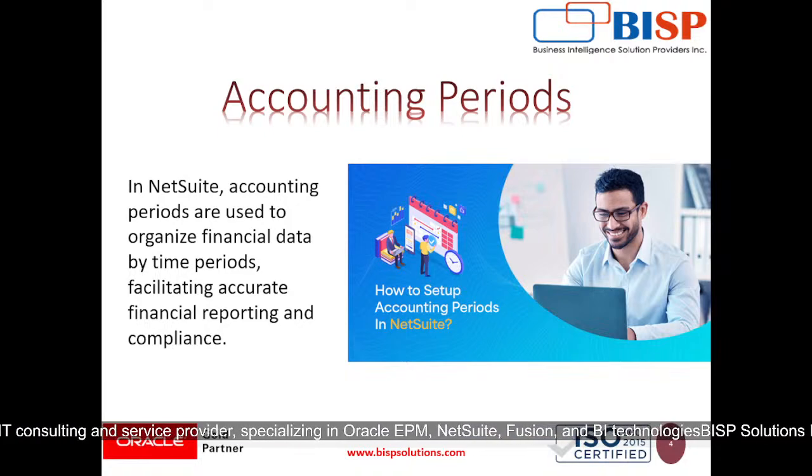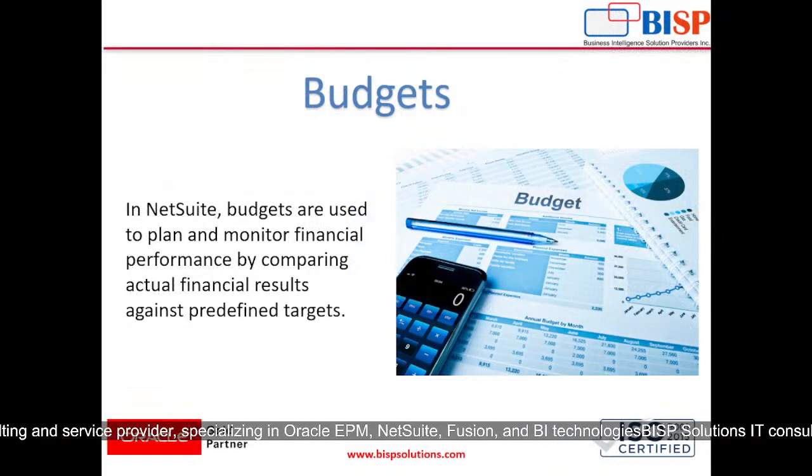Coming to our next topic, which is budgets. So in NetSuite, budgets are used to plan and monitor financial performance by comparing actual financial results against predefined targets. Budgets can be set for various time periods like monthly, quarterly, annually, and across different dimensions such as departments, classes, locations, and accounts.